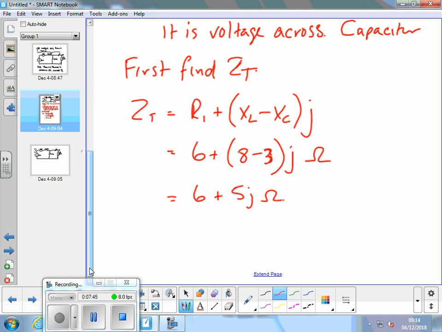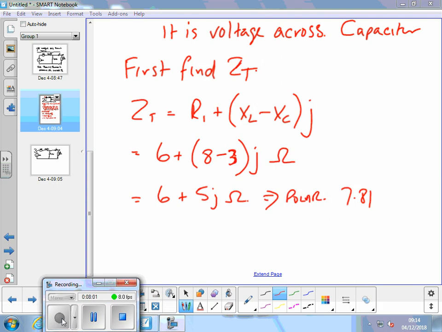Because we're going to do division using complex numbers, we convert that to polar form. What do we get? Use your calculators to do that now. 7.81 angle 39.8 degrees. So that's the total impedance of the circuit.